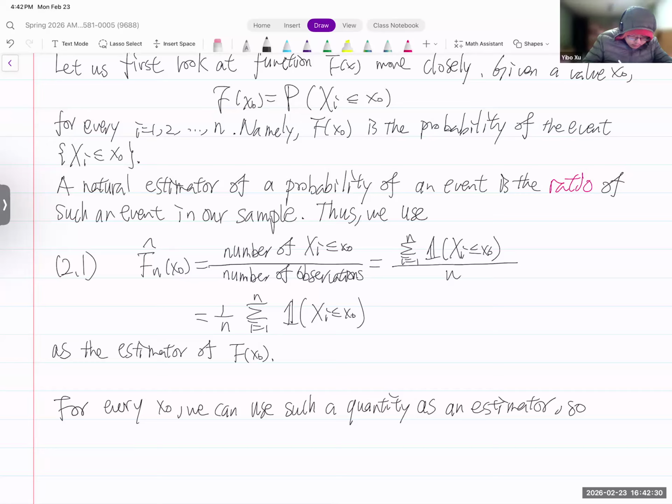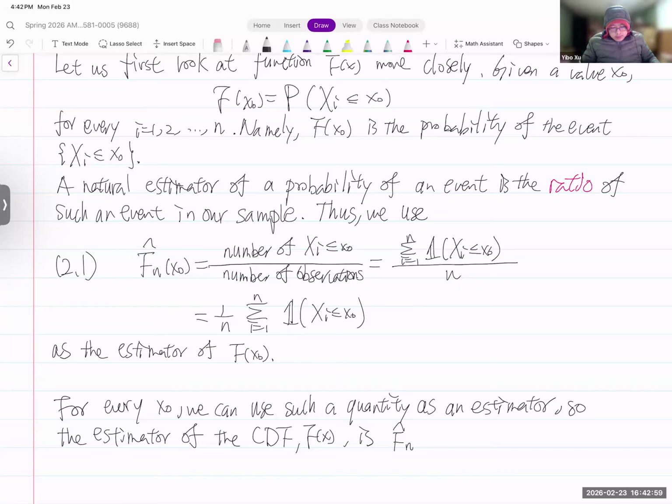The estimator of the CDF f of x, we're going to use the same notation, is f hat sub n.